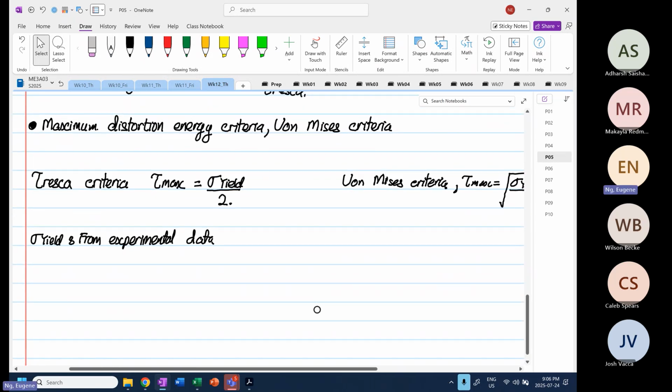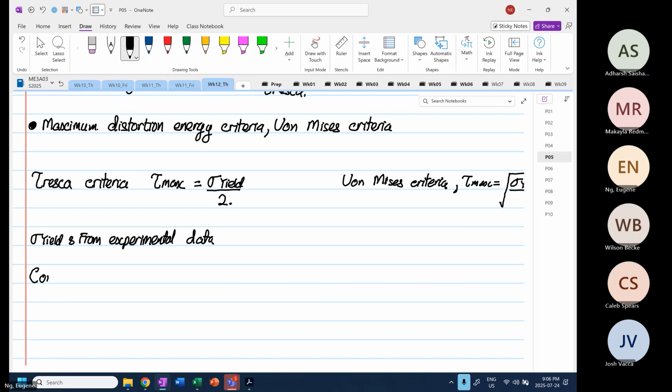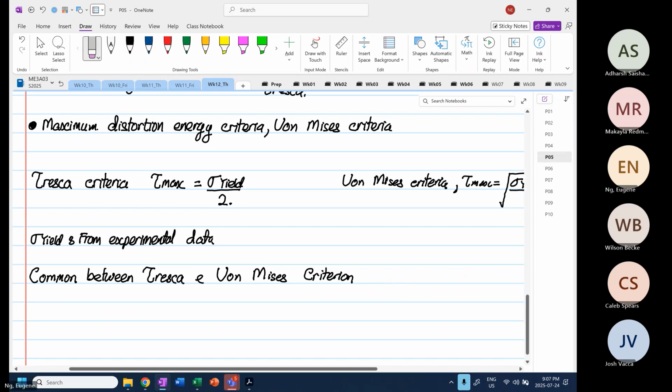The most important thing to know is what is common between the Tresca and von Mises criterion: you must use the 3D Mohr circle during analysis.